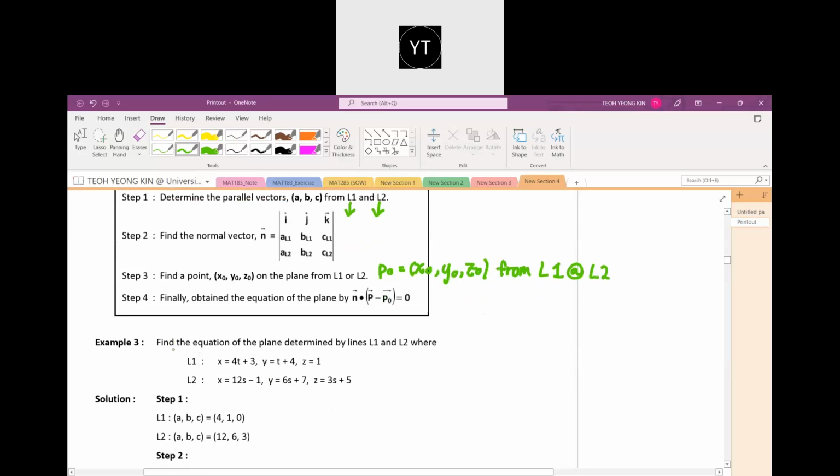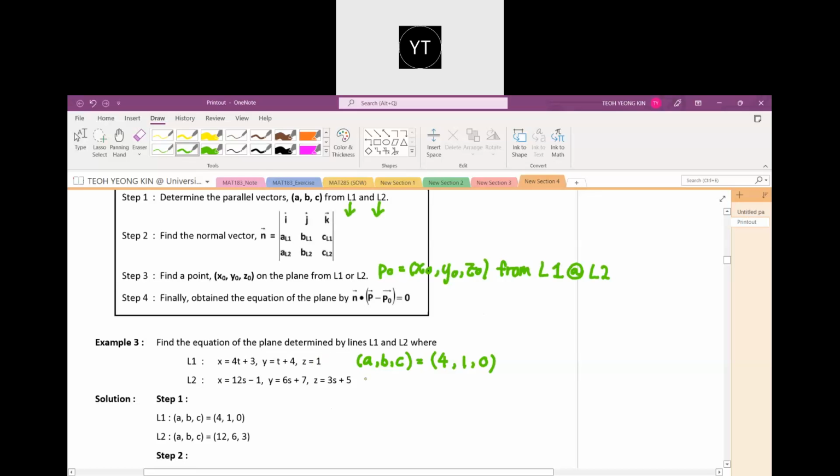So you can see, to find the equation of the plane in this example 3, determined by line 1 and line 2, first we use the ABC. Let's say the ABC from line 1 is 4, 1, and 0. Why is it 0? Because here we don't have the variable t.